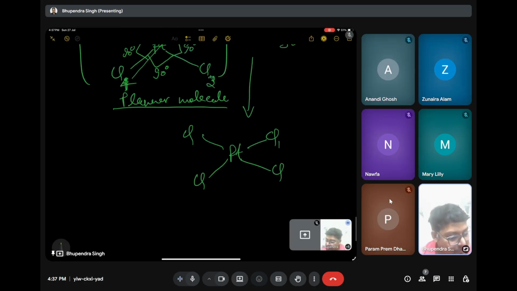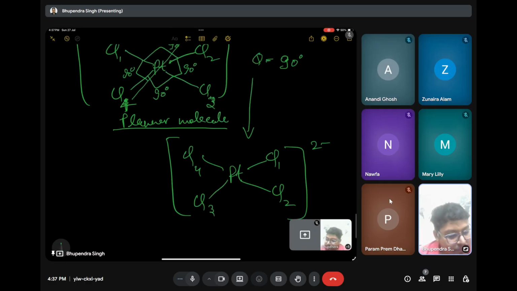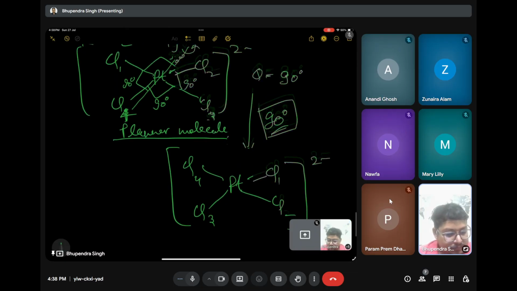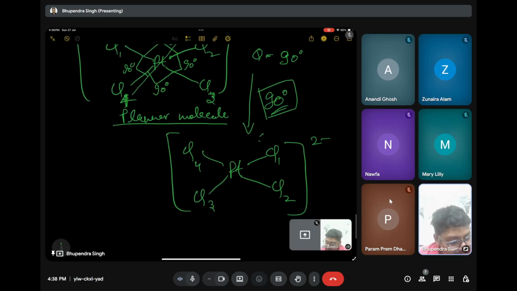Yes. See, one operation only: a 90 degree rotation over this axis.